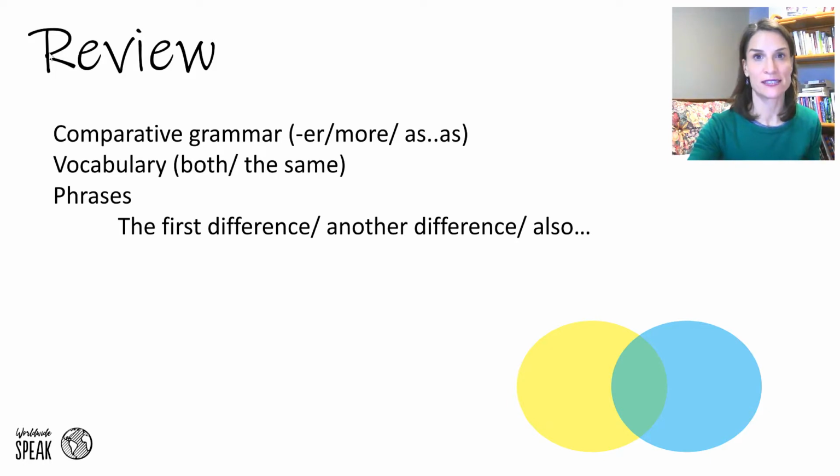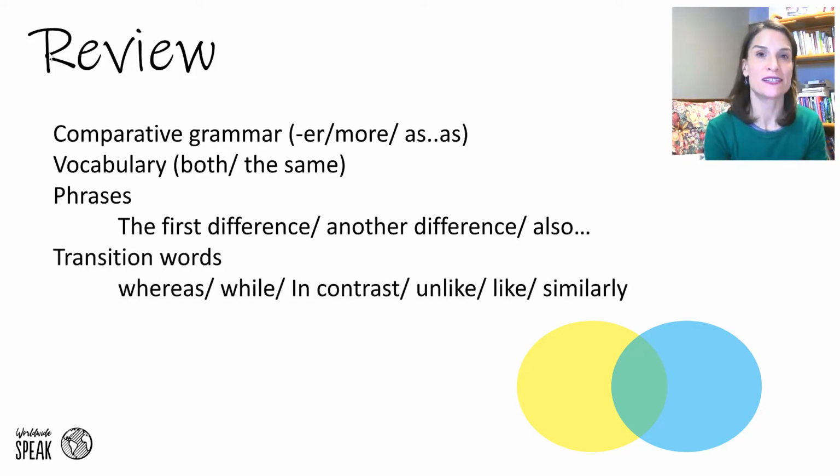The first difference, another difference, also. And we looked at some words that you can use to transition between different ideas, like whereas for contrast, while for contrast, in contrast, unlike, and then to show similarities, we looked at like and similarly.